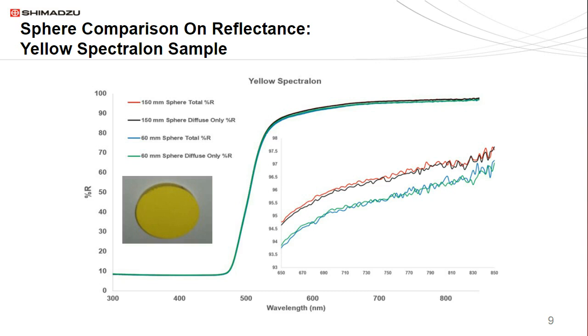If you are measuring diffuse reflectance, which is what a sphere was designed to do, you will get almost no difference between a 60 and a 150 millimeter sphere. So to within, let's say, 1% R at worst. So this is very important to remember. If you're measuring a truly diffuse sample, then you can use either a 60 or 100 millimeter sphere and get the same number.